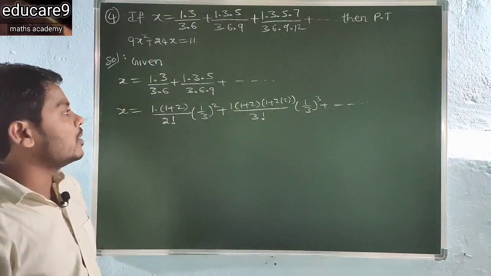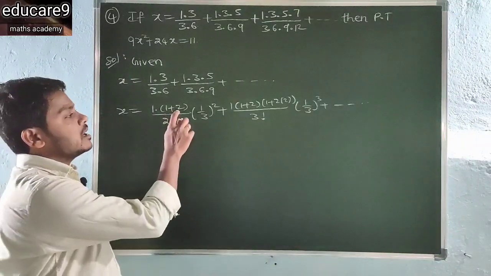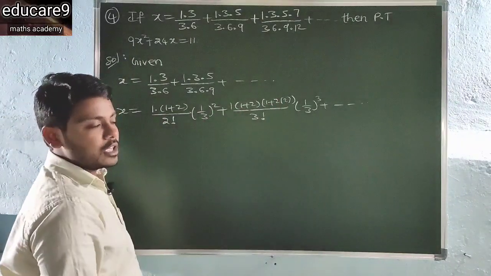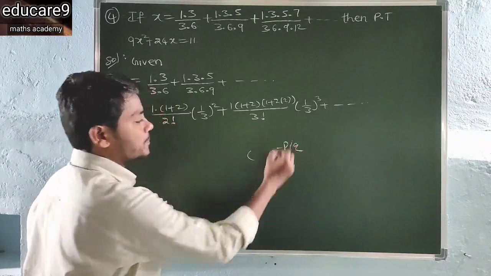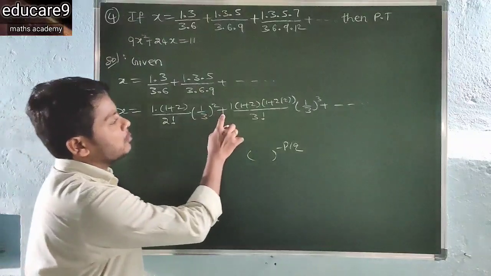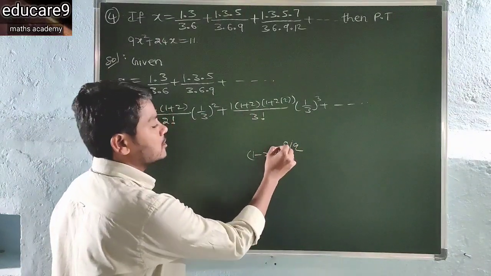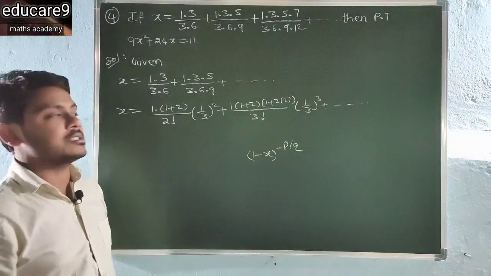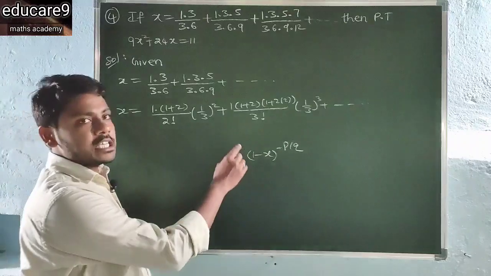So clearly it is in the form of, so see here, once you observe in the numerator the sum of the terms, therefore clearly the power is what? Minus p by q. Okay, and all are positive signs, so clearly in between you will get minus, because both are the same signs, so then only you will get all positive signs. So see here, what is this expansion?